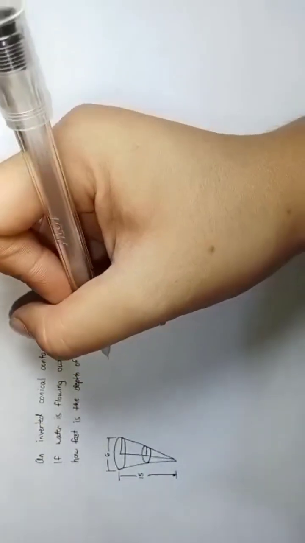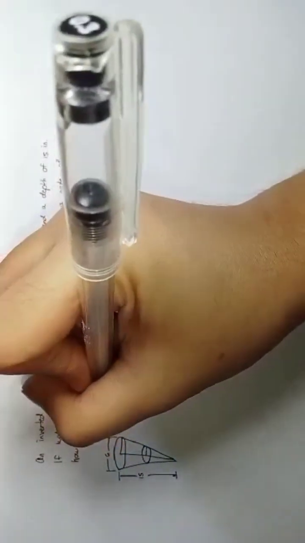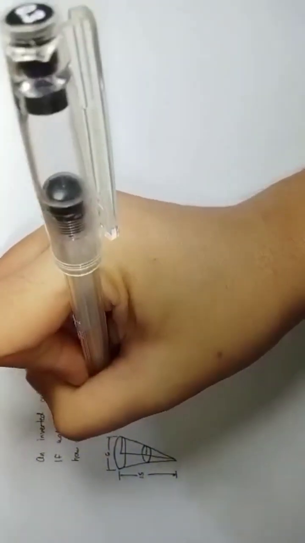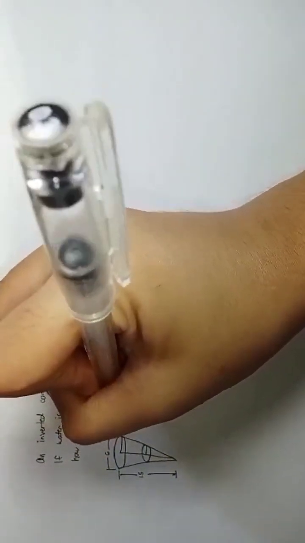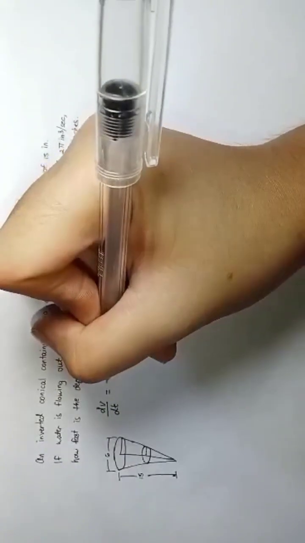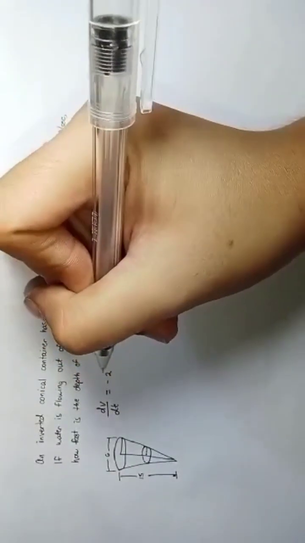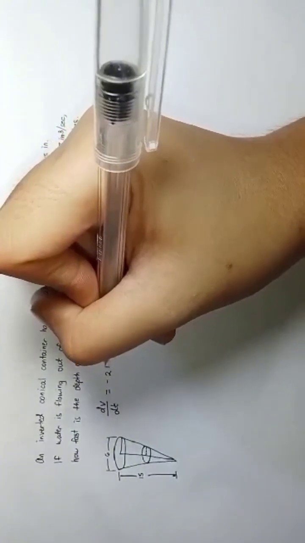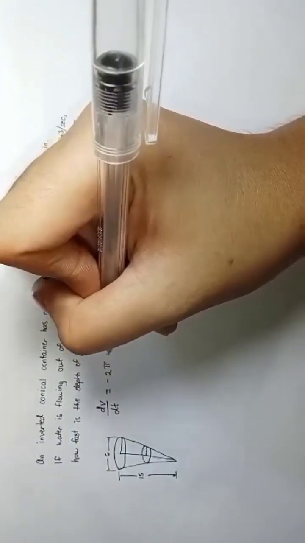Since the unit is cubic, it is volume, and that's going to be dV over dt is equal to negative 2 pi cubic inches per second.